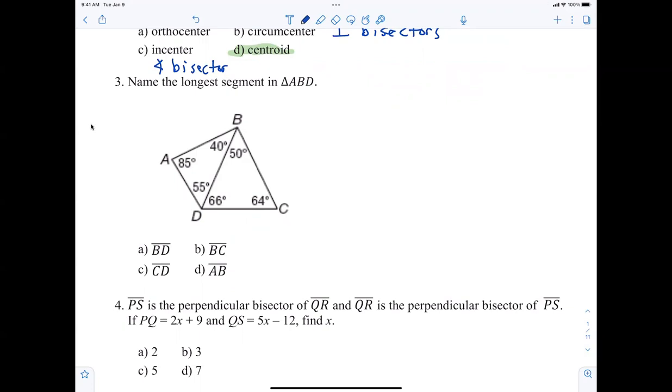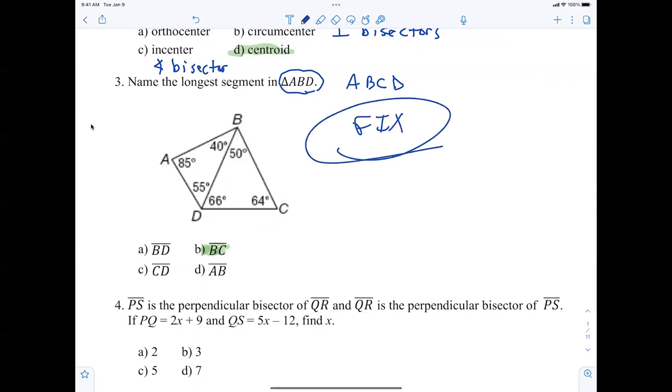BC is obviously the correct answer. Oh, yeah, this should be up here. That's my typo. Fix that, please. Name the longest segment in quadrilateral ABCD. Sorry, it should be quadrilateral ABCD.